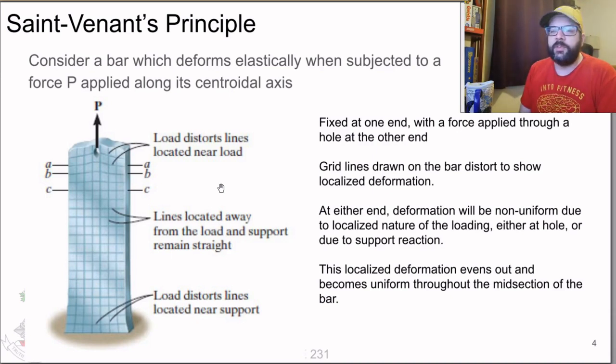So as a result, you're going to have some distortion at that end. So at either end, you're going to get some non-uniform deformation. But what does happen is that in the middle, the deformation evens out, and in between, you get uniform deformation through the midsection of the bar.